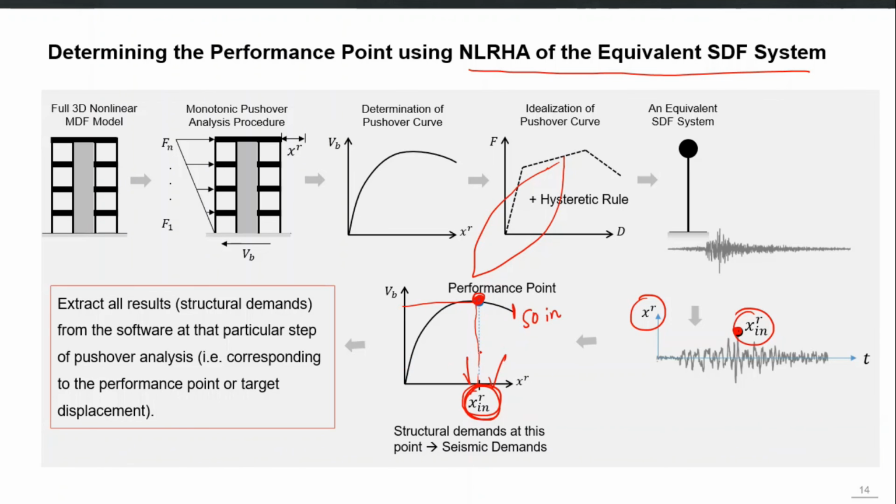And your calculated displacement is, let's say, 32 inches. So you will directly go to the 32nd analysis step, and all the analysis results at that particular step are your seismic responses, right? Or if you can estimate that 32 inches at the start of that process, you can only push your building up till 32 inches. No need to go beyond that, right?